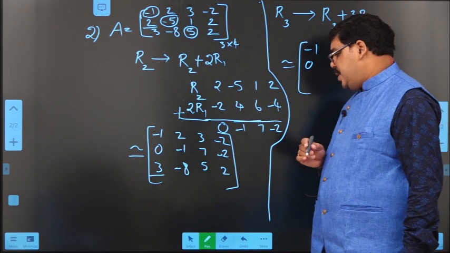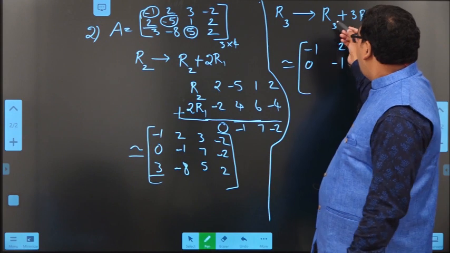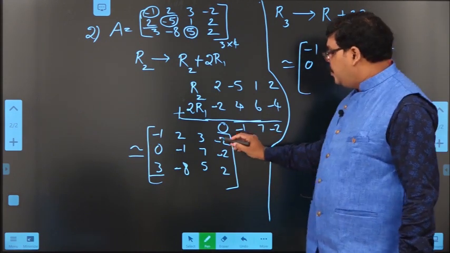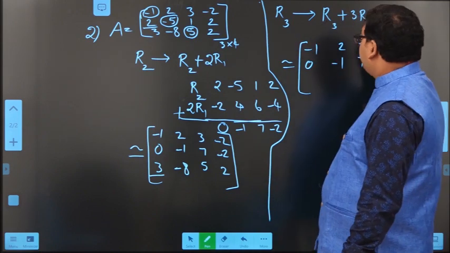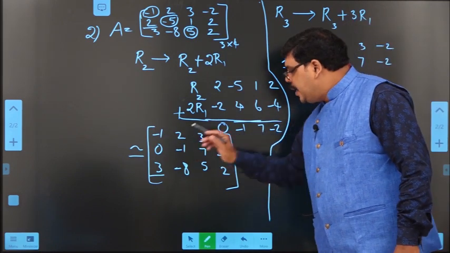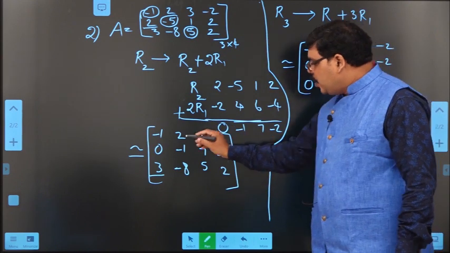Now the third row changes. What happens? You calculate. So R3 plus 3R1, we are multiplying row 1 with 3. So if I multiply row 1 with 3, here I will get minus 3, and minus 3 added to plus 3, so 0.